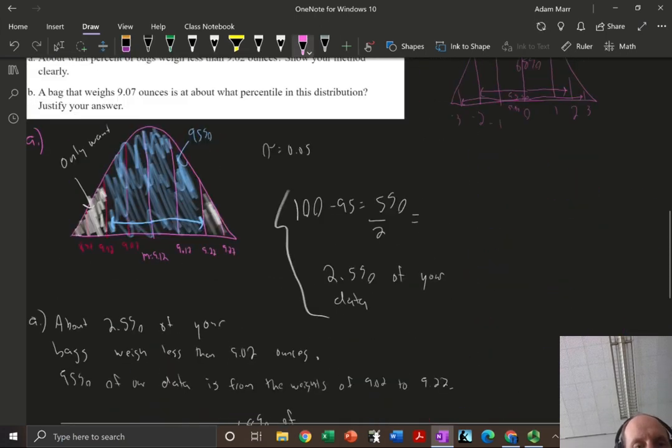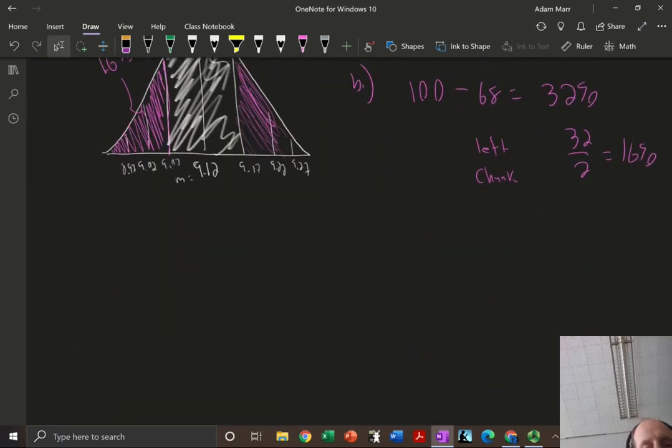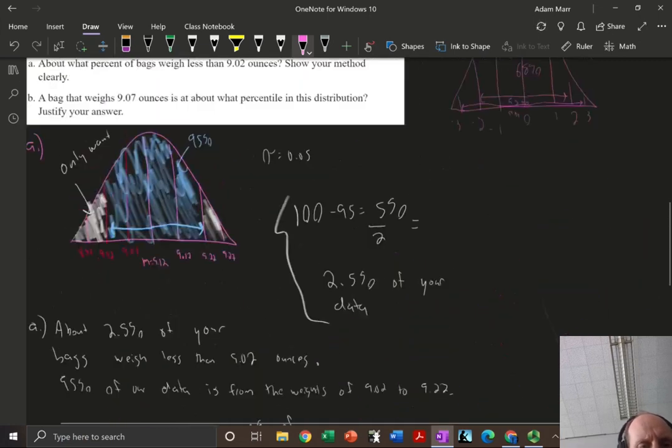So for justify your answer, we did show our work, so we would just say about 16% of the weights in ounces are less than 9.07 ounces. Make sure you use context.